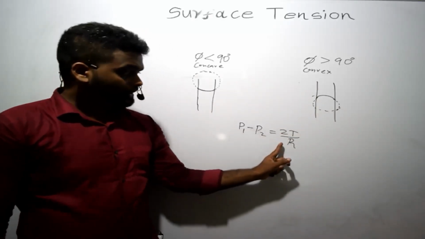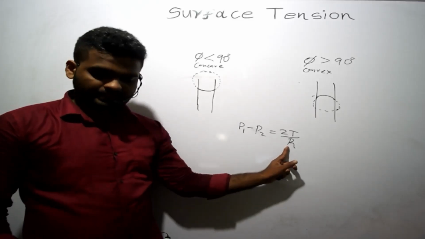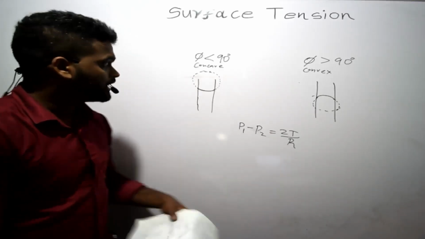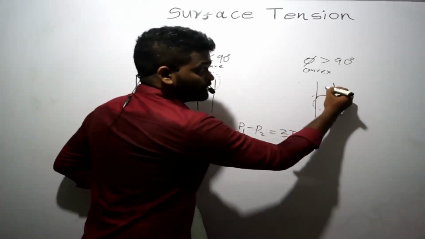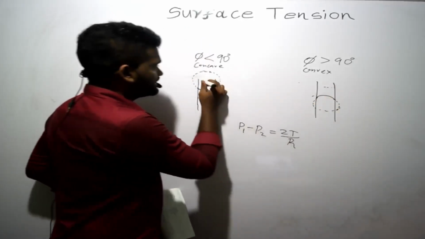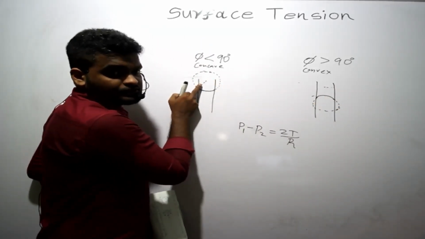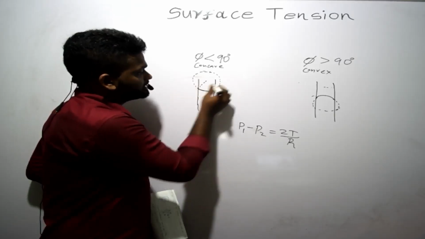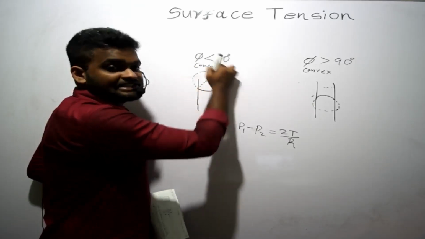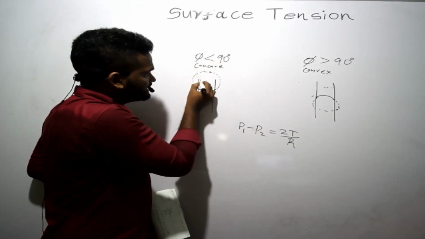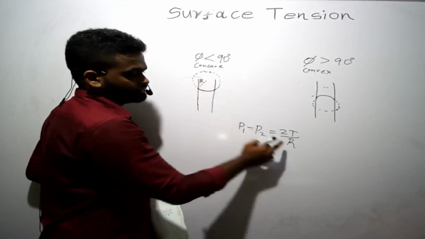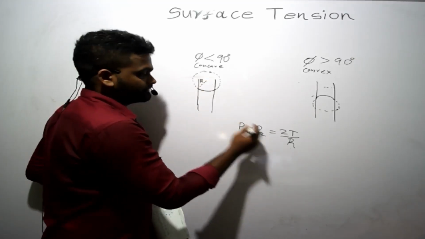But here capital R should not be the radius of the tube. It should be the radius of the meniscus. So how do you find that? You extend and draw a sphere and you get the radius of that. So you always substitute that here.